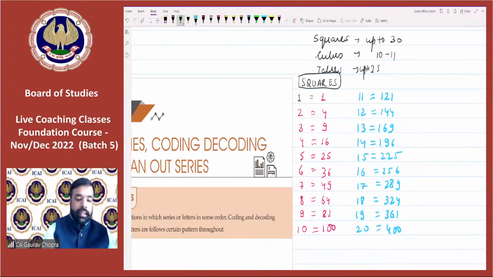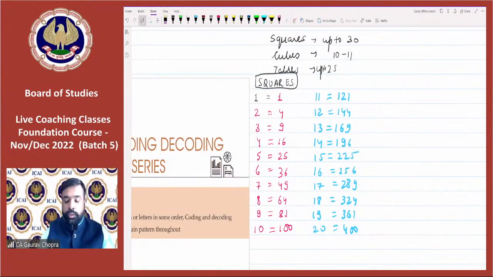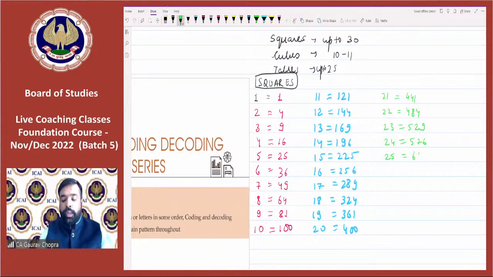And then let's see the cubes also. Sorry, the last series. 21 square is 441. 22 square is 484. 23 square 529. 24 square 576. For 25, 625. 26 it is 676.